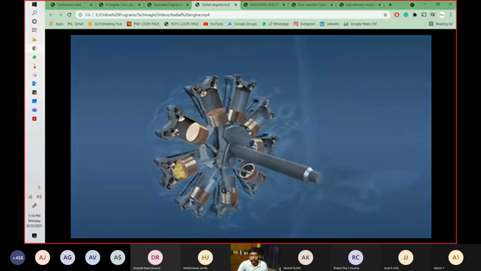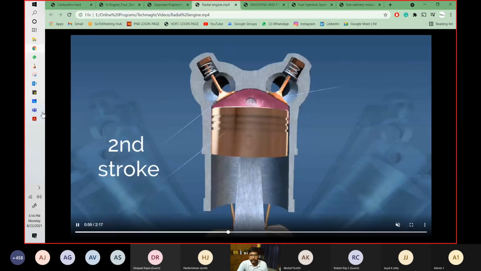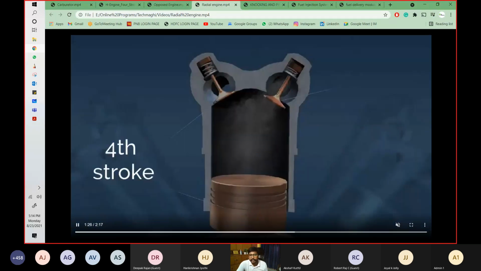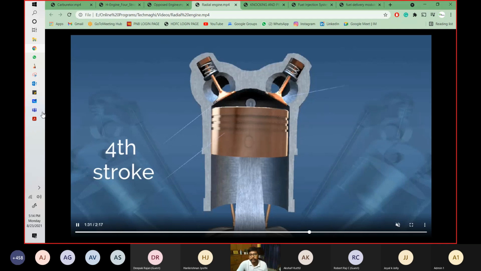So again, same thing. First stroke happens, intake; then second stroke happens, compression; then third stroke happens, power; and then fourth stroke happens, exhaust. So the strokes are the same throughout, just the arrangement of the cylinders could be different. This different arrangement of cylinders leads to different setups and different applications where exactly the engine is to be used.